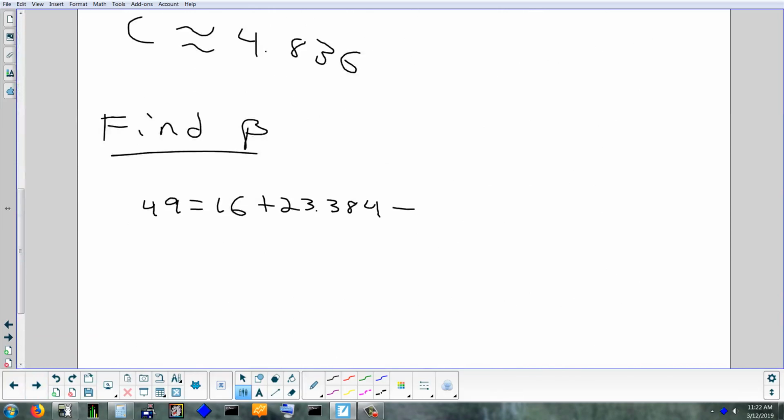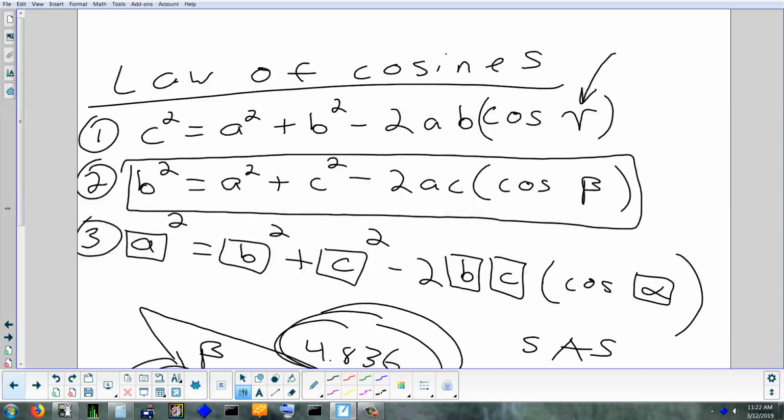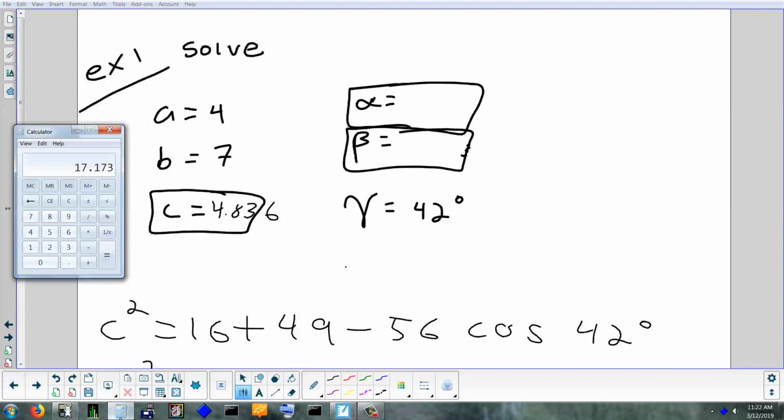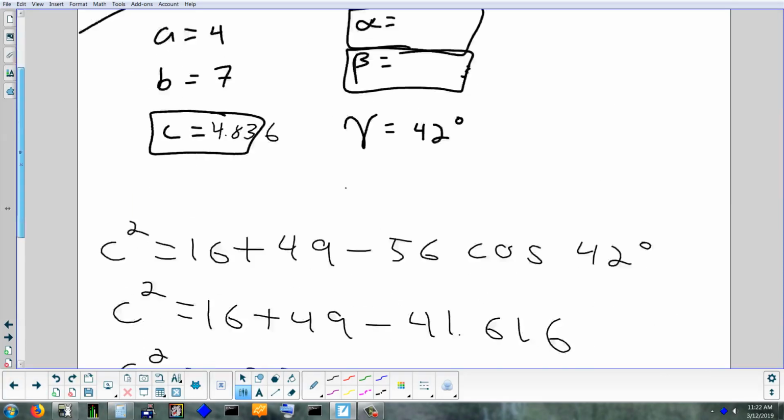Minus. What number always comes next when you subtract? It's always minus 2. And then it's the two sides you just squared. A, C. All right, so 2 times A is 8. 8 times C. We need a calculator for that. 8 times 4.836 is 38.688.